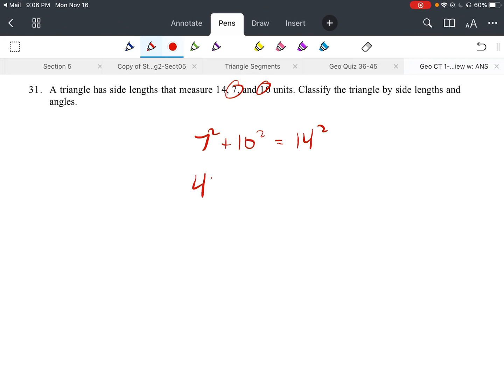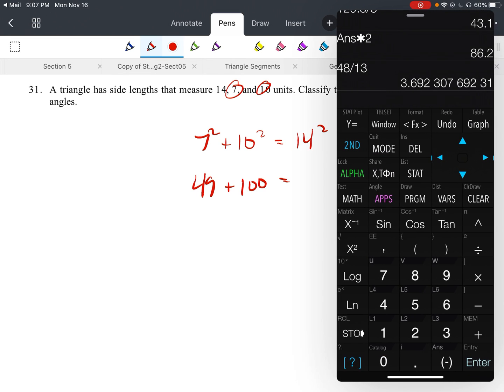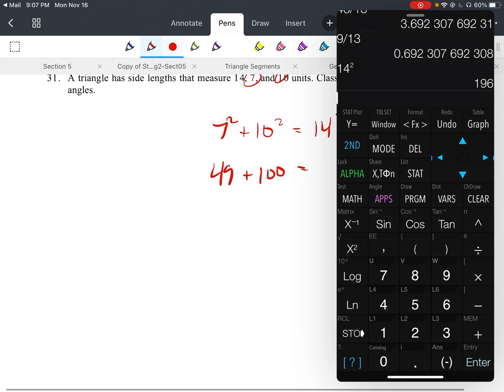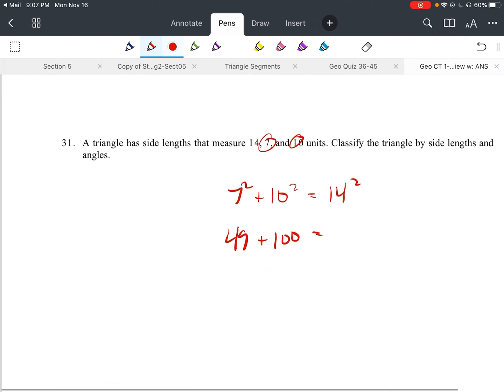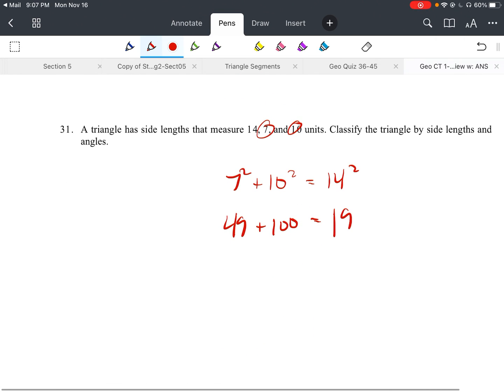This is 49 plus 100 equal to... 14 squared is... why is my brain not working now? 360? No, that's not right. I don't know, my brain's not working right now. So anyway, 14 squared is 196. Wow, I was way off. All right, 196. It's just getting late, guys, sorry.